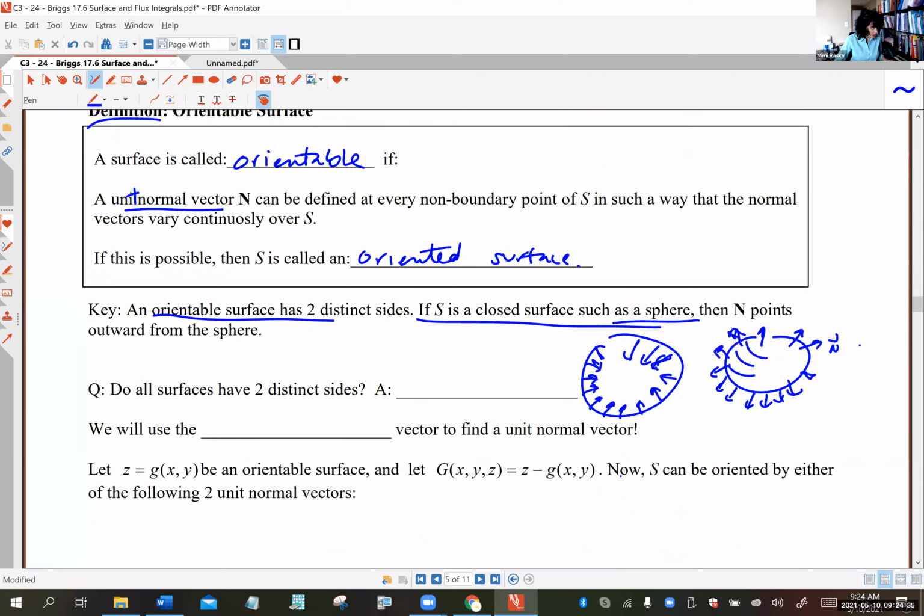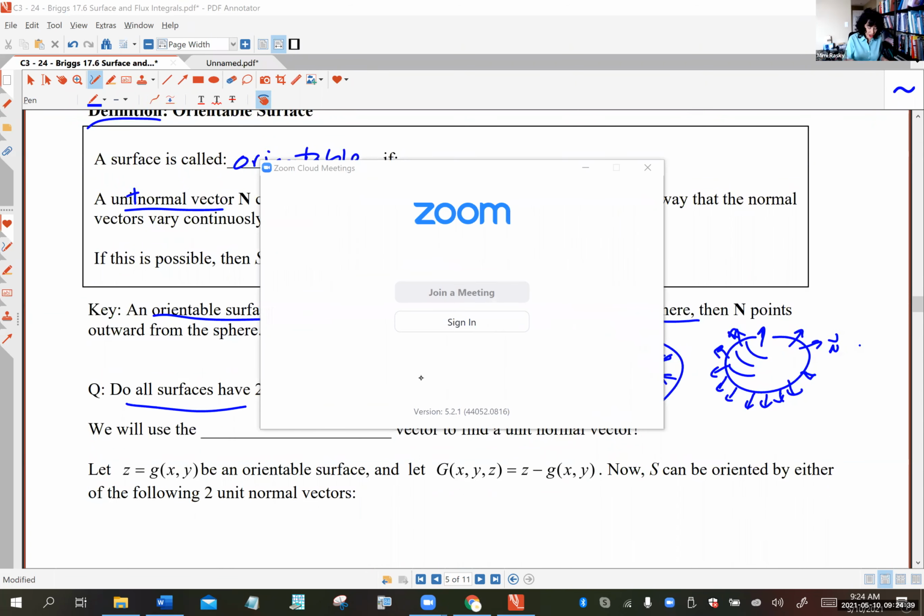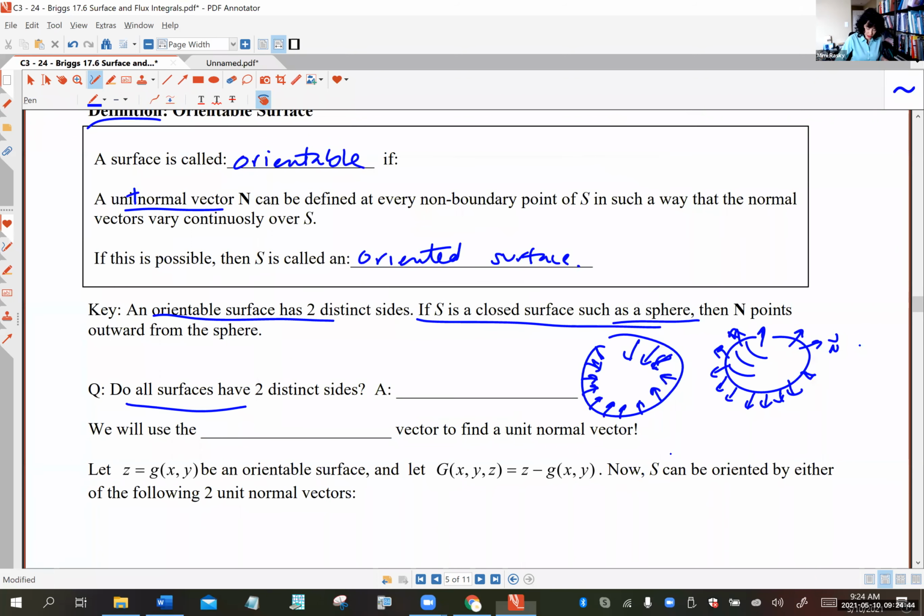Okay, so the question is, do all surfaces have two distinct sides? No. So the answer is no, not all surfaces have two distinct sides.